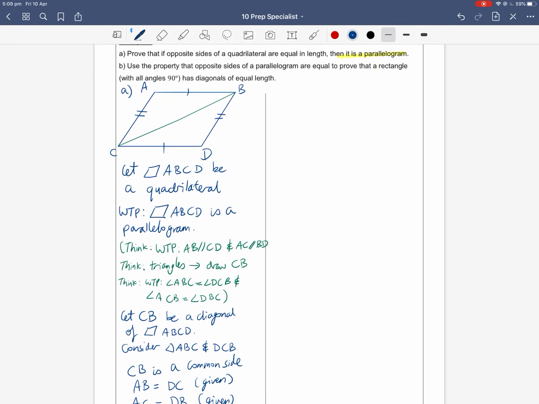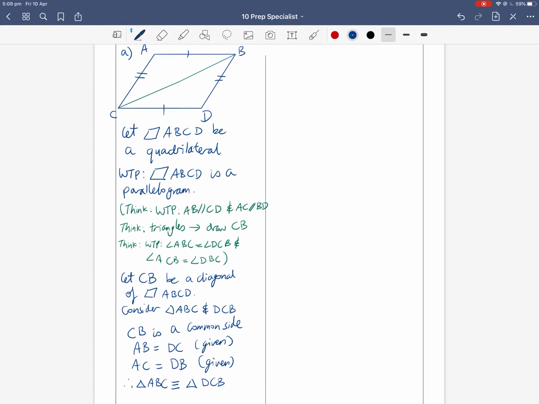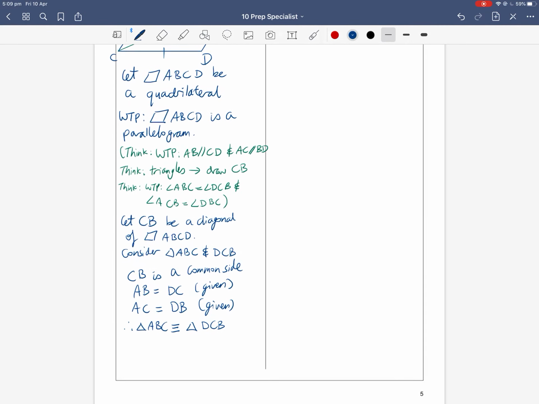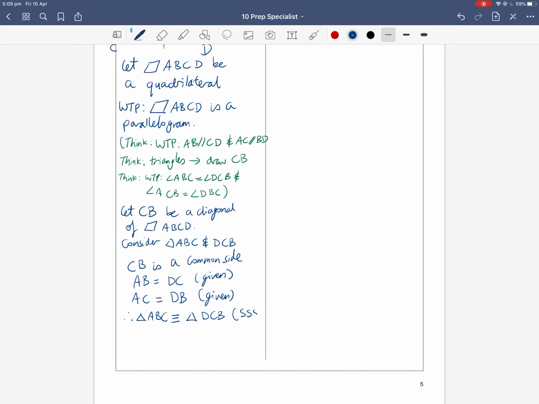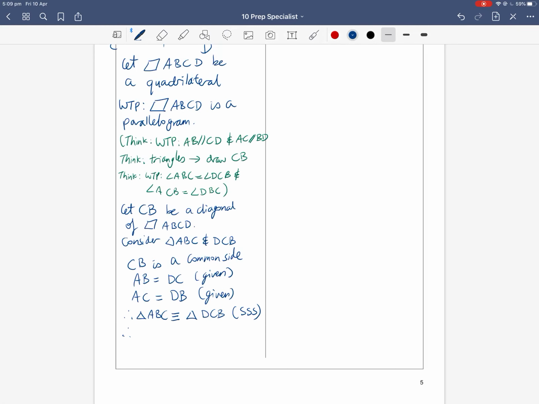Very important, make sure you match up your vertices. So angle C matches up to angle B. And the reasoning for this congruence is side, side, side. So that tells us because it is a congruent triangle, our angles are the same size.